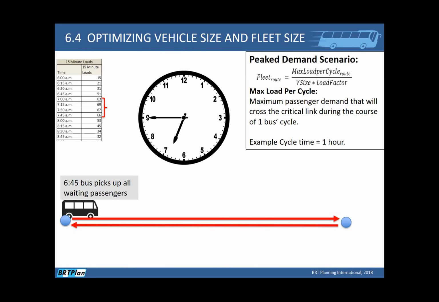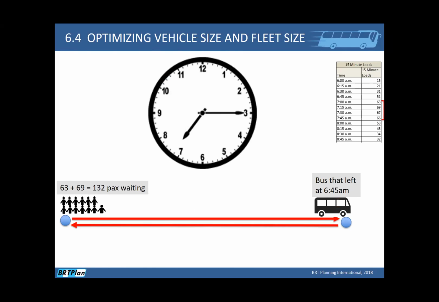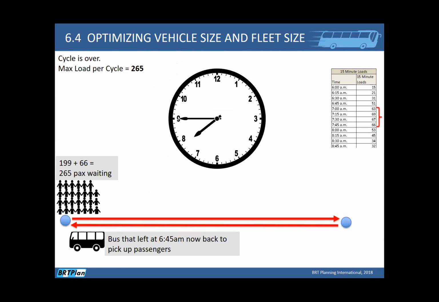So the bus pulls out at 6:45 with whatever passengers came before. And then at 7 o'clock, there are 63 people sitting there waiting. And then another 15 minutes go by, and then you have 132 people there. And then another 15 minutes goes by, and you have 199 people waiting there. And then another 15 minutes goes by, and you have 265 people waiting there.